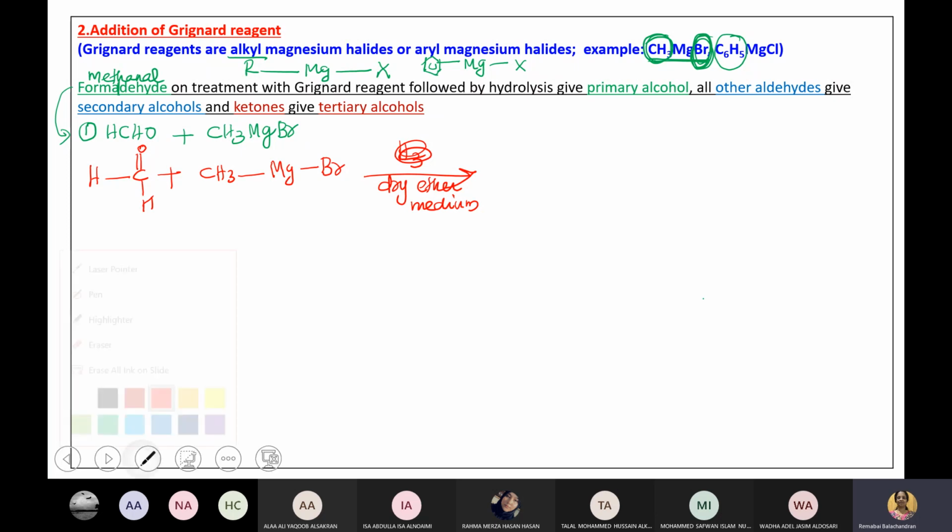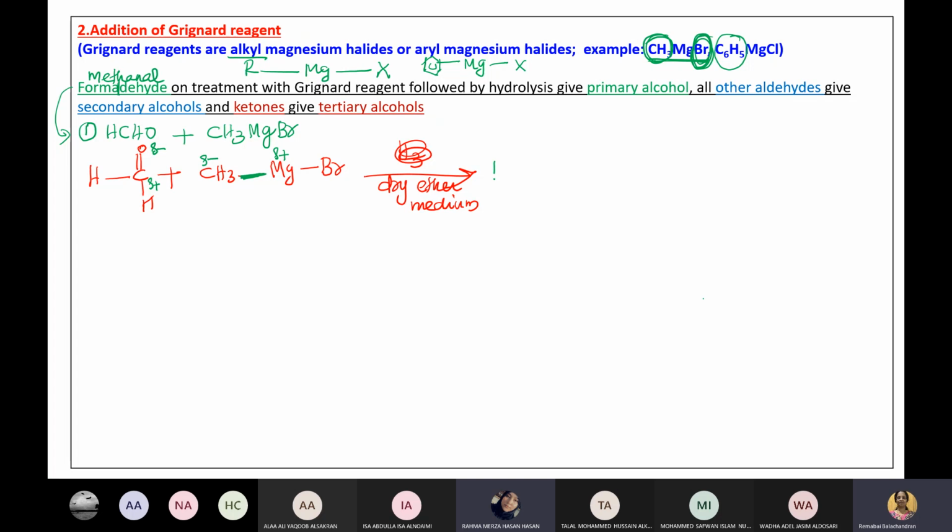Now the hint is a little negative and positive. Here it is slightly negative, here positive. Here again, magnesium is a metal, so it will get a positive charge. Carbon, non-metal, gets a negative charge. So as usual, tell me what you get. The CH3 group will move, not just the C. The bond will be broken, and CH3 will go to the carbon.